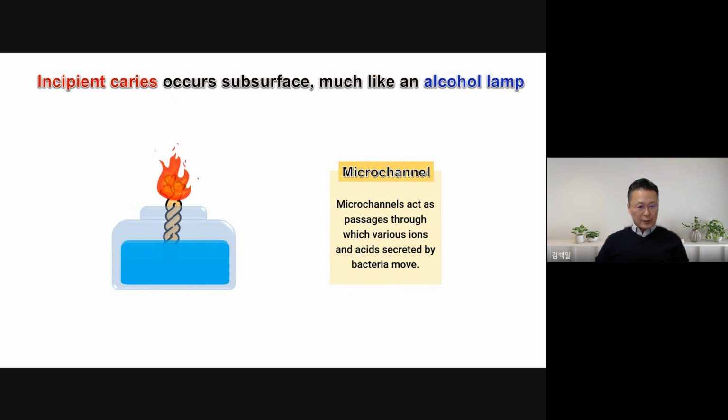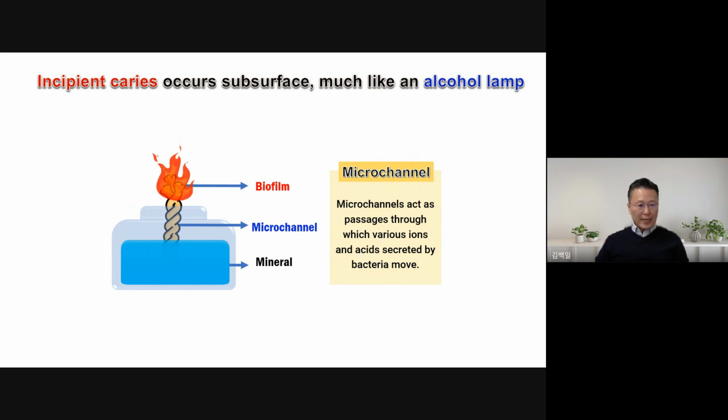This phenomenon occurs because the alcohol is drawn up into the wick. In other words, the fire can be likened to the biofilm, the wick to the microchannel of the enamel, and the alcohol to minerals.